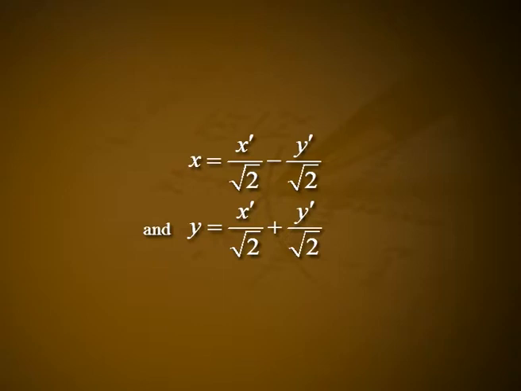Substituting cos theta is equal to cos 45 degrees is equal to 1 by root 2 and sin theta is equal to sin 45 degrees is equal to 1 by root 2 yields x is equal to x dash by root 2 minus y dash by root 2 and y is equal to x dash by root 2 plus y dash by root 2.